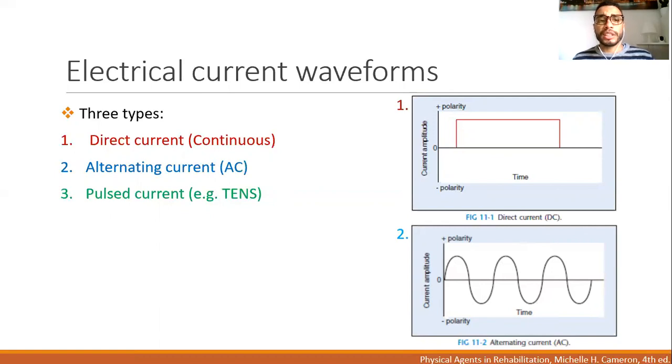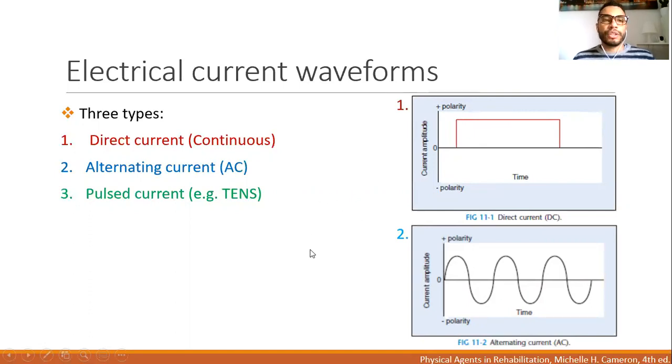The pulsed current, for example TENS, we'll also learn in this lecture. The pulsed current is like a continuous current with pauses. So it has some pauses. But to be pulsed, the polarity can also be positive or negative, so it doesn't matter. The flow of charges is not only unidirectional, it can be bidirectional.